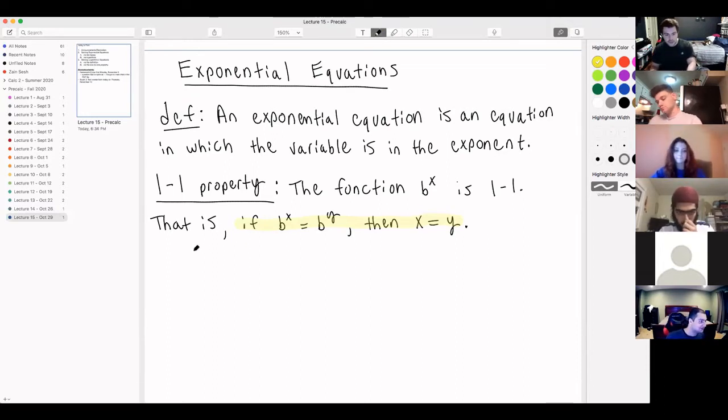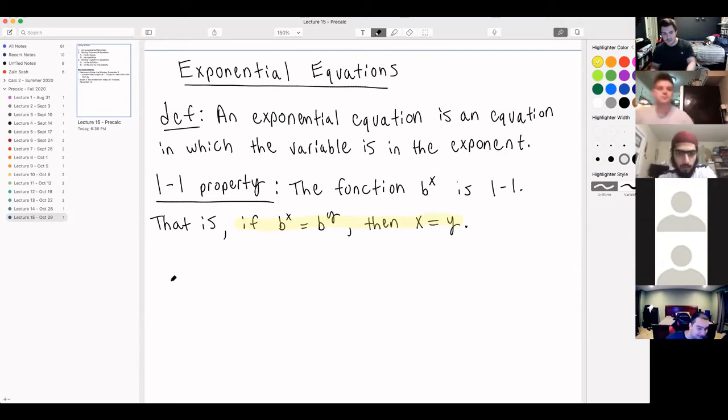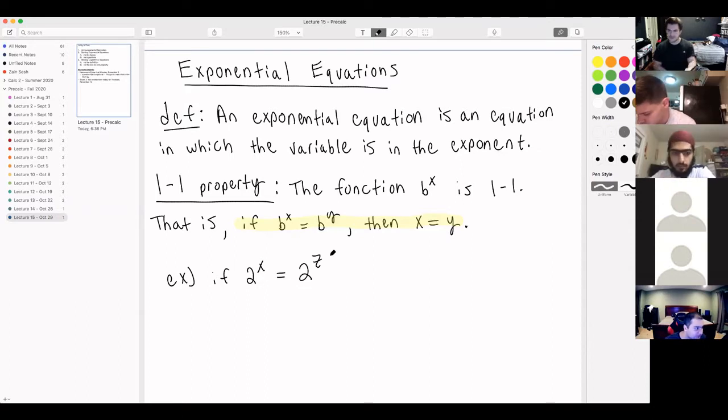So very quick example. If 2 to the x equals 2 to the z, just for some numbers x and z, if you know that this is true, then you can deduce, you know for a fact, that x will equal z.